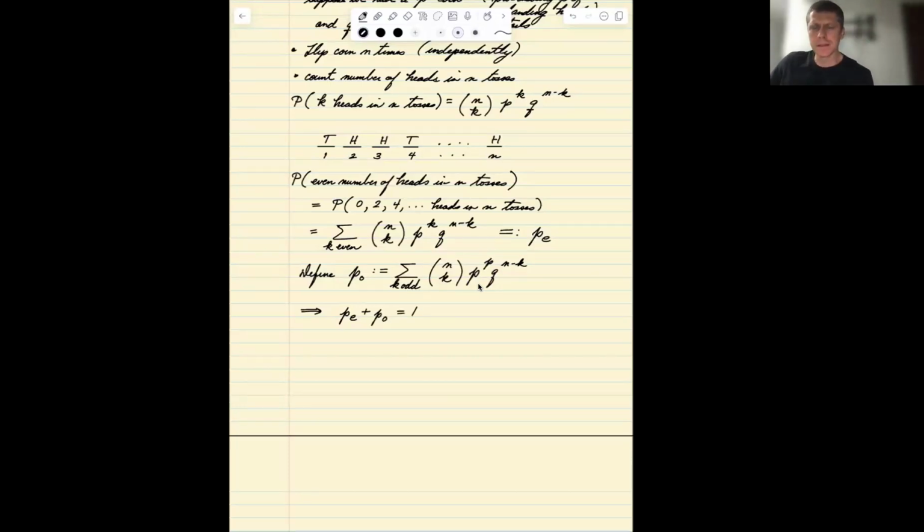Okay, so that's our first observation. We want to get a closed form expression for the probability of an even draw. Okay, how are we going to do it? Well, let's think about it.